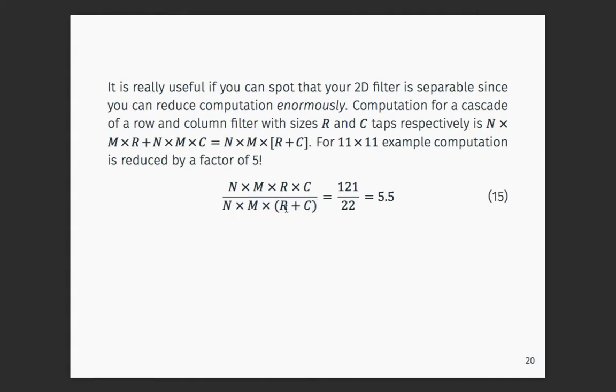Basically, the first operation is, you convolve the picture, so still n by m, but this time the size of the kernel, the mask, is only R by 1, so it's really R. But because you have this second stage, you need to do plus C. And you can see very quickly why it's interesting, because now you have a ratio of R squared divided by R. If R and C are the same, then you have R squared divided by 2R, so you save quite a lot there. And very quickly, your computations are much faster.